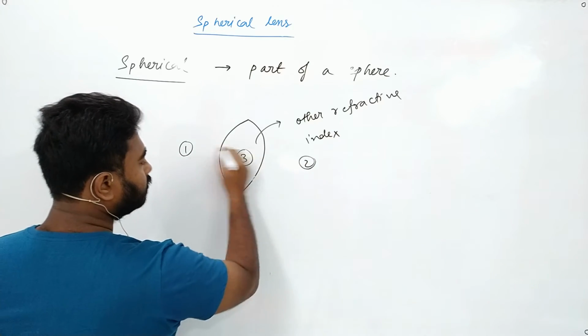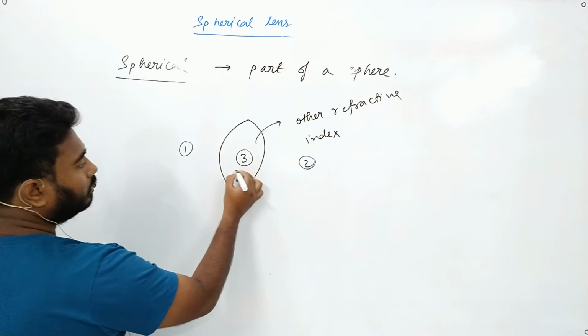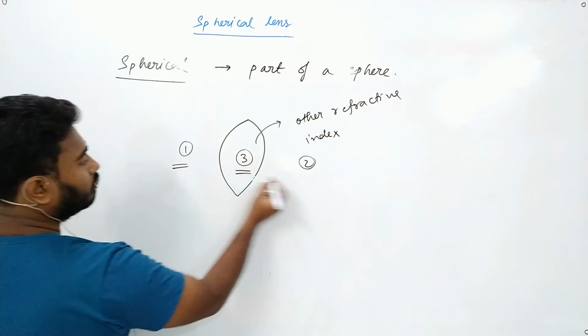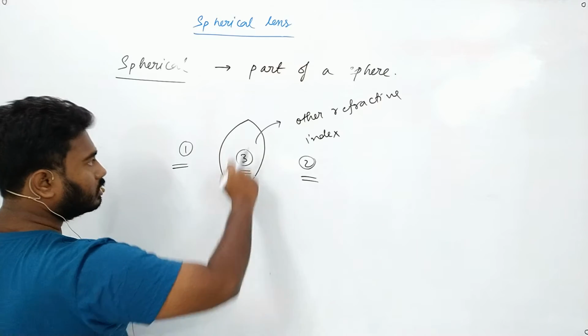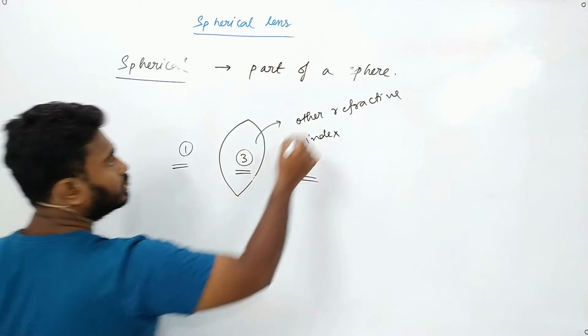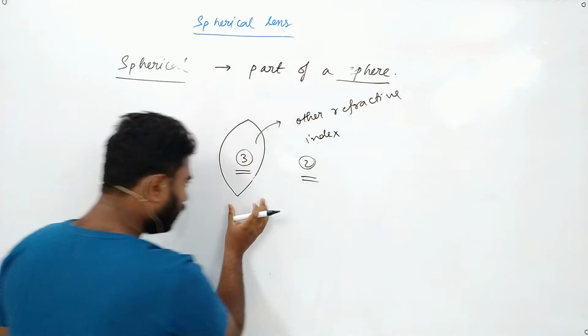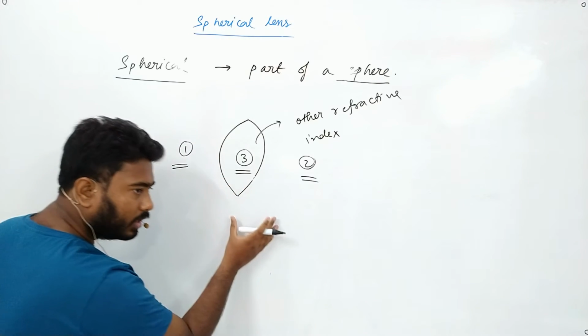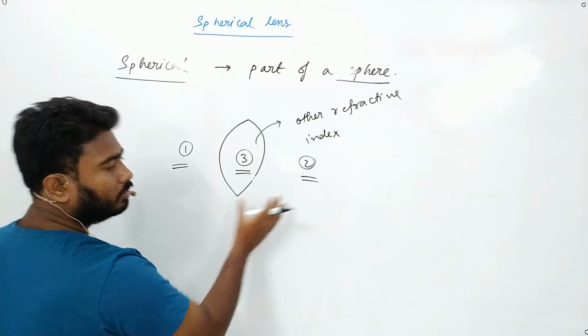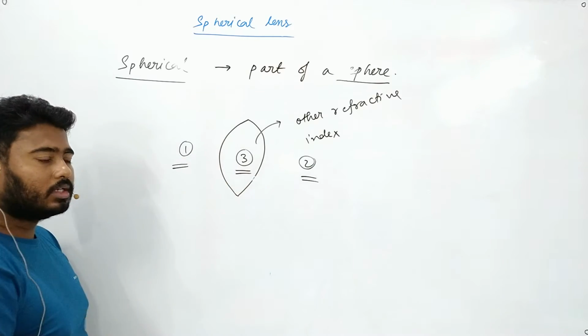So if I name it as part 3, the refractive index of part 3 will be different from part 1 and part 2. So if we find a structure which is part of a sphere and has a refractive index different from its surrounding medium, then we will call it a lens.